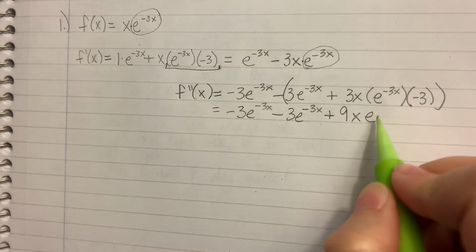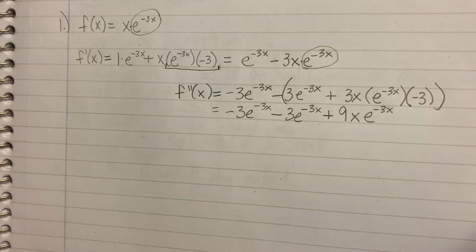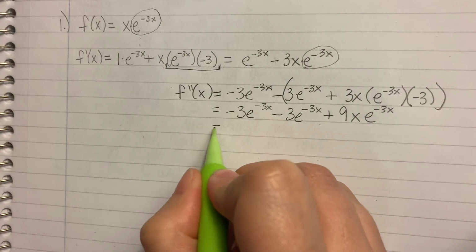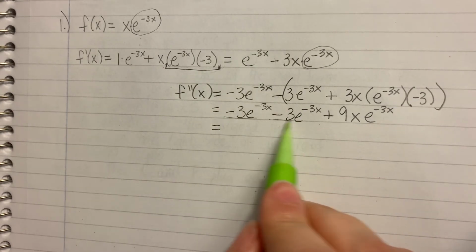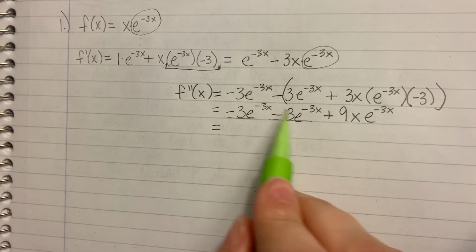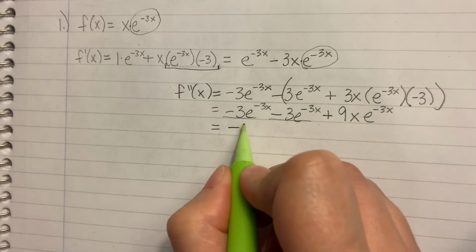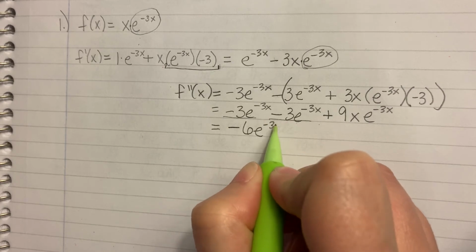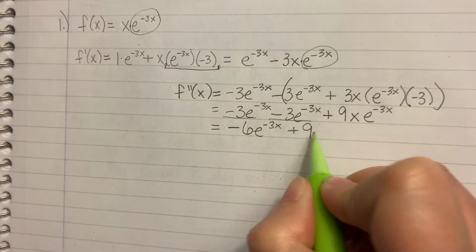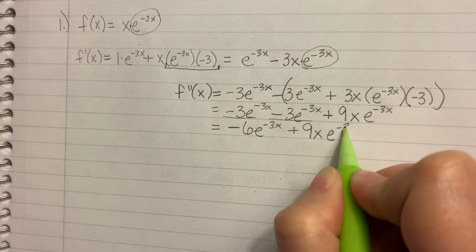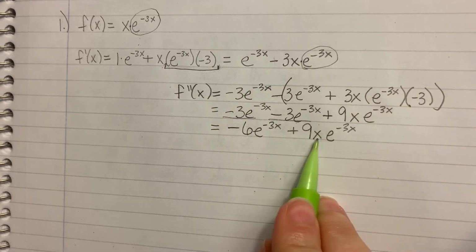And then this e to the negative 3x stays put. So then when I combine like terms, I can put these two together because they're both just e to the negative 3x's. So a negative 3 and a negative 3 would be a negative 6 e to the negative 3x plus a 9x e to the negative 3x, and I can't put those together because this one has an x in it.